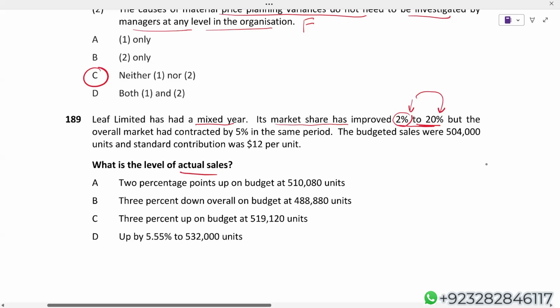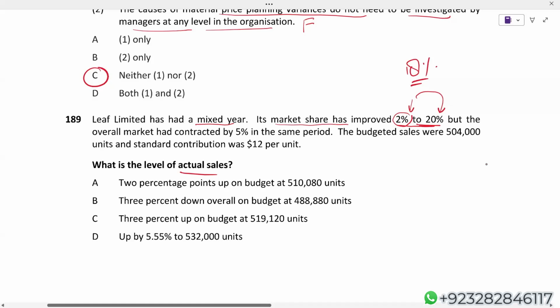If your market share has increased by 2% and now it is 20, it means previously your market share was 18%. Read it again: its market share has improved 2%. Whatever initially your market share was, it has increased by 2%.